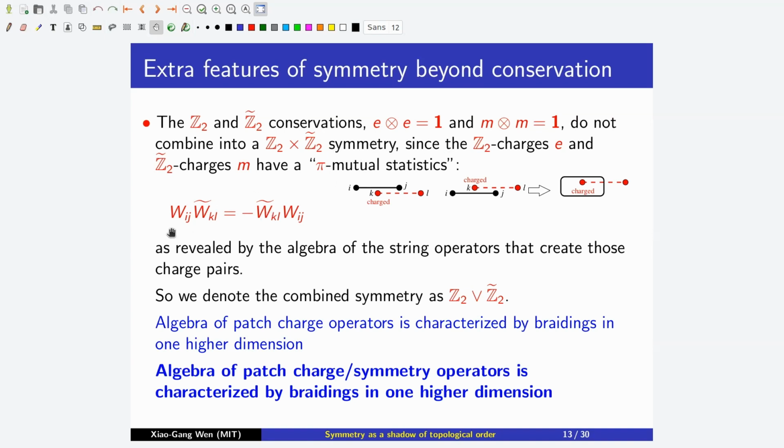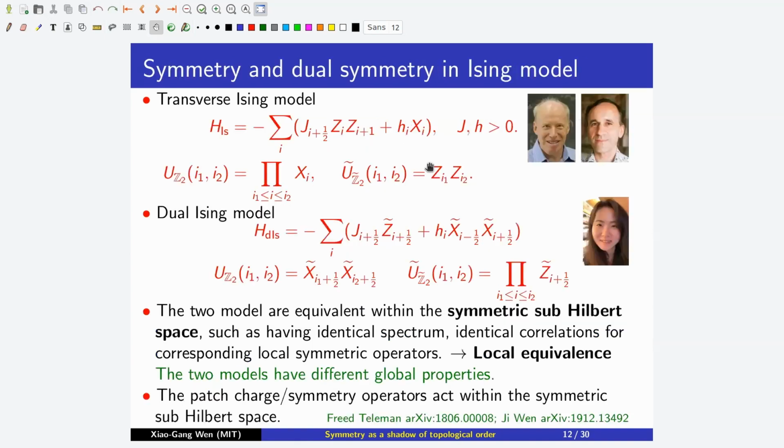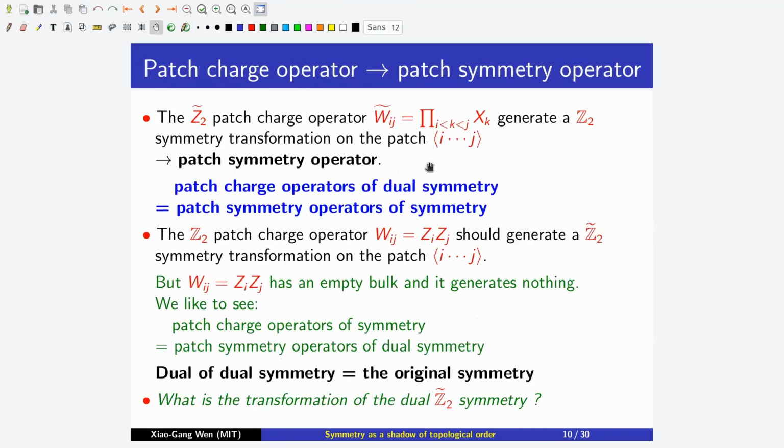You can see this W is a patch charge operator creating two Z2 charges. So let me go back to this patch charge operator. W is just ZZ. It's a patch charge operator creating two symmetry charges. And this X string operator is a patch charge operator creating two dual symmetry charges.